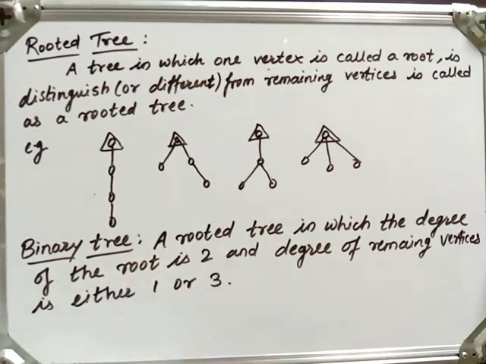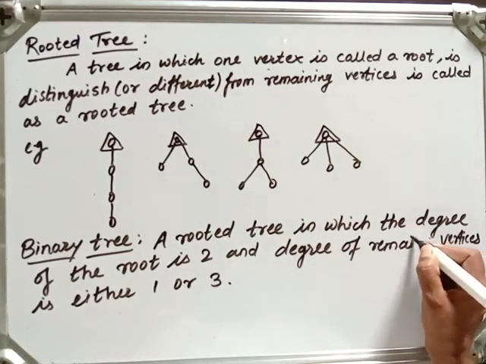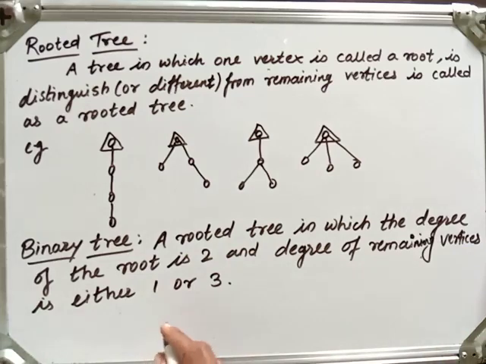This is a special condition for the remaining vertices: the degree of remaining vertices is either 1 or 3.